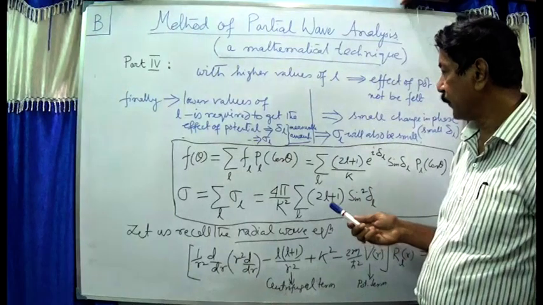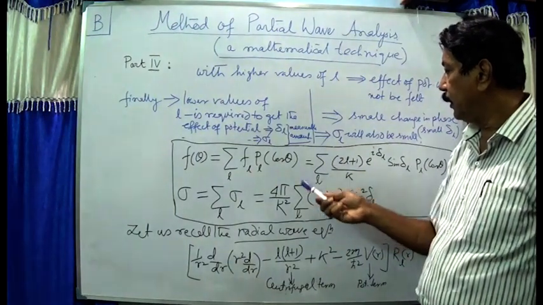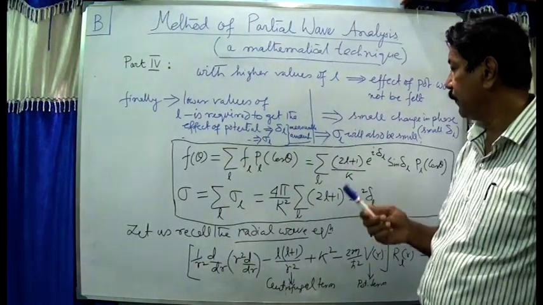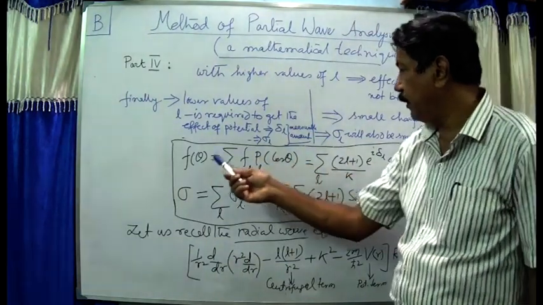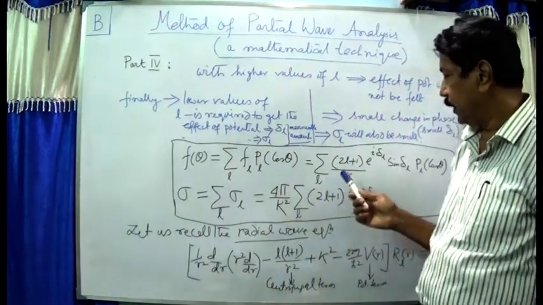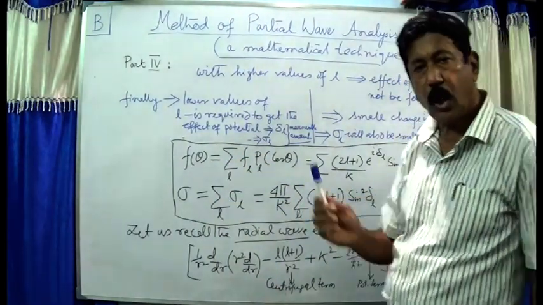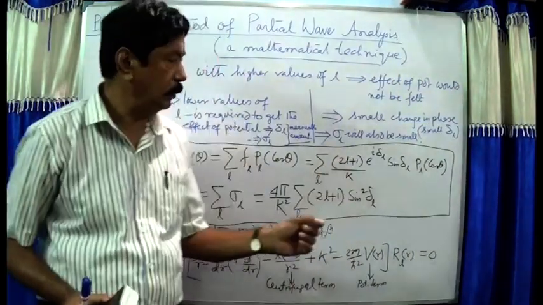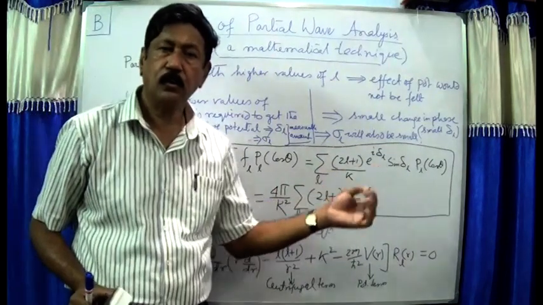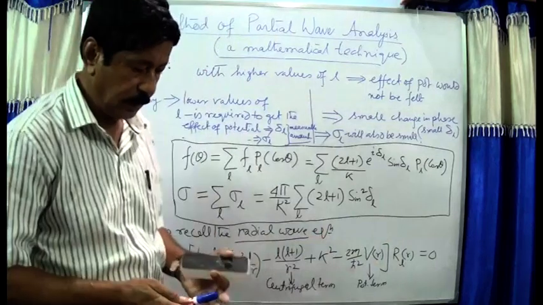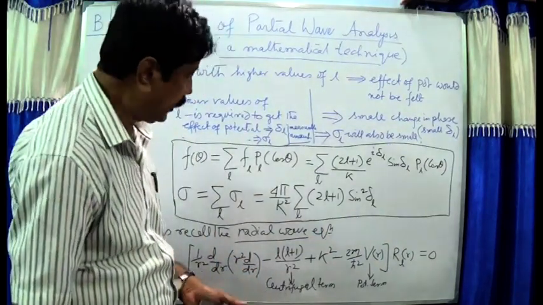So it is desirable to have a measurable amount of this f theta or sigma. The series should not run to higher values, it should run only to a few small values. Is it now clear? Okay. Now let us write this.